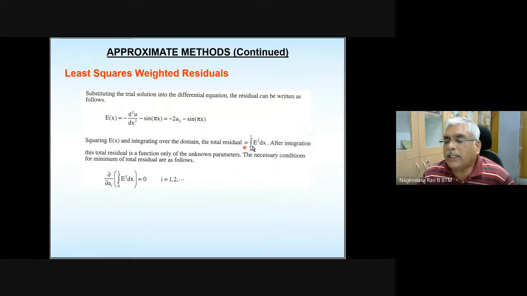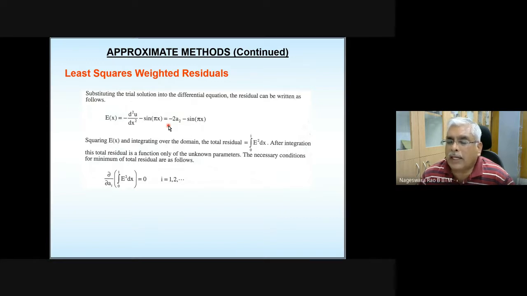When you do this integration, this total residual is going to be a function of a2. So that is what is mentioned: after integration, this total residual is a function of only the unknown parameters. This statement is written in a more general way. In this particular case, there is only one unknown coefficient.